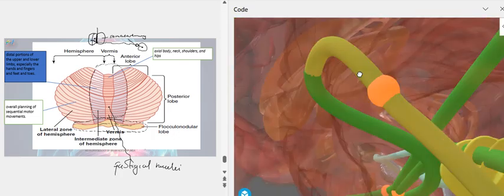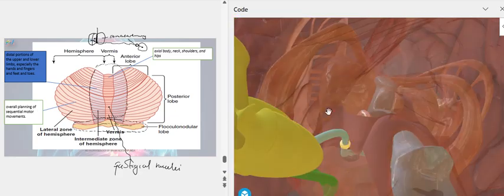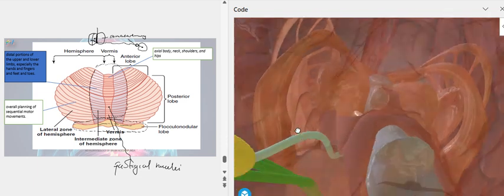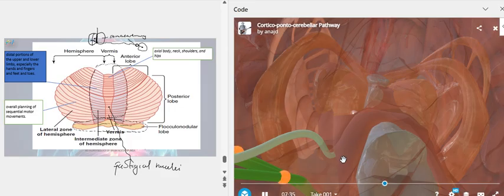From the dentate nuclei, the impulse will move from this spot directly into the red nucleus of the midbrain.